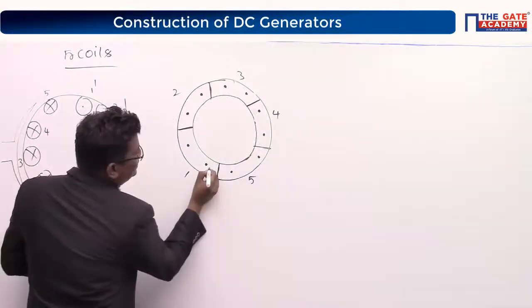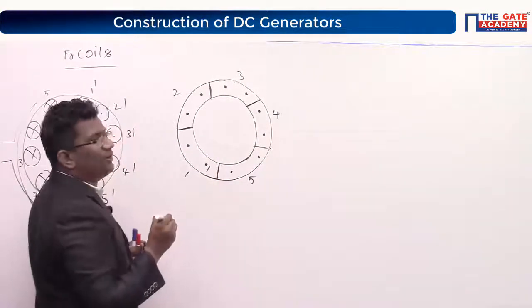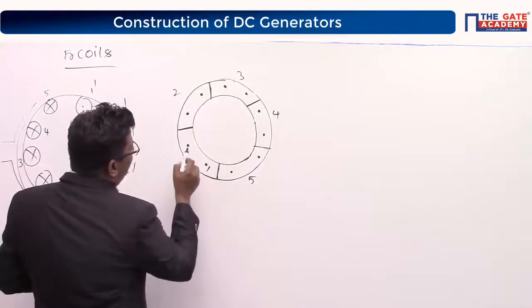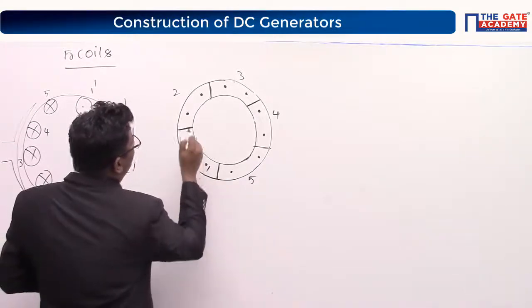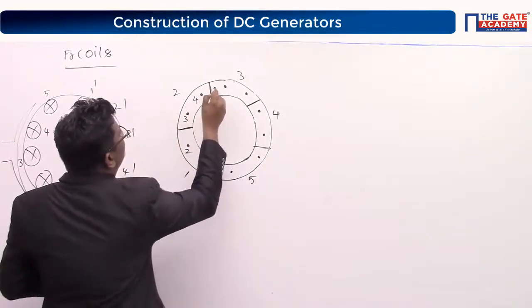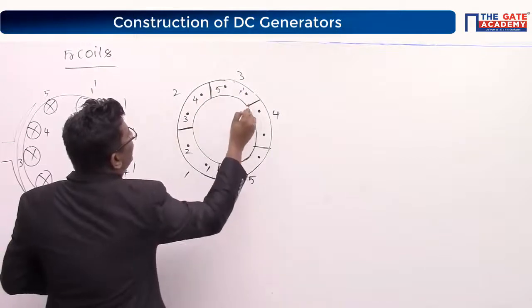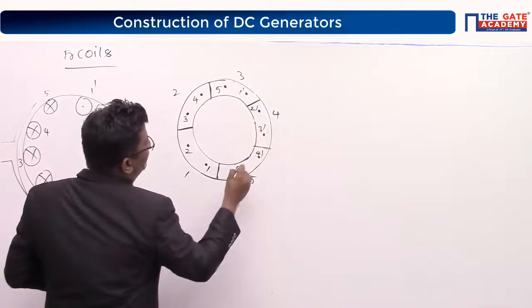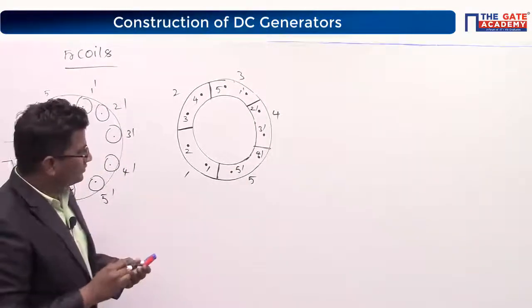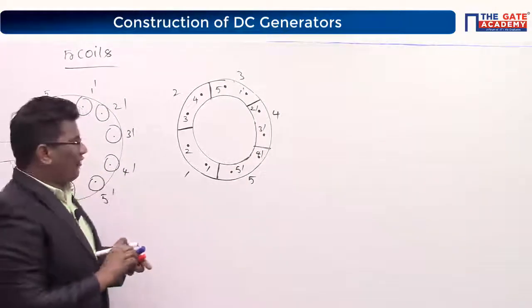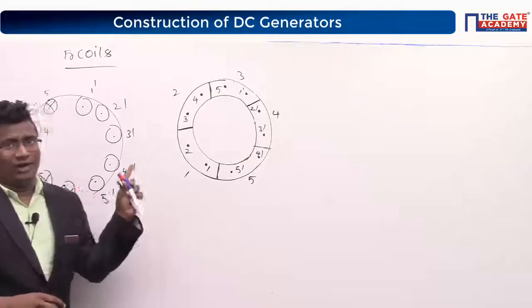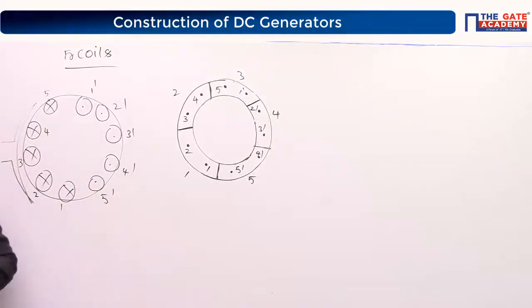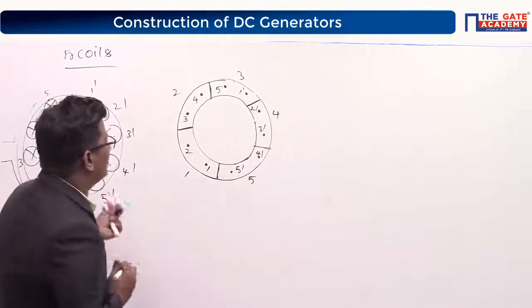I hope you understand what I said. Let us say this is 1 and this is 2, this is 3, this is 4, this is 5, 1 dash, 2 dash, 3 dash, 4 dash, 5 dash. Correct? Now you tell me. 1 is there. 1 is connected to what? Come on.